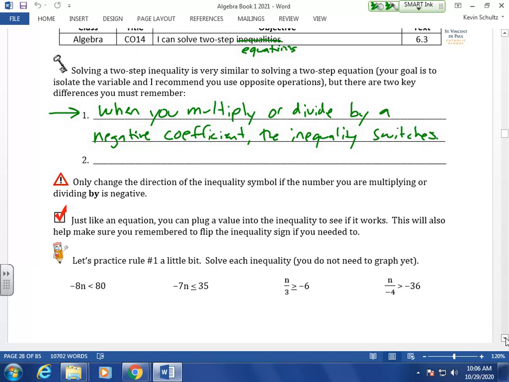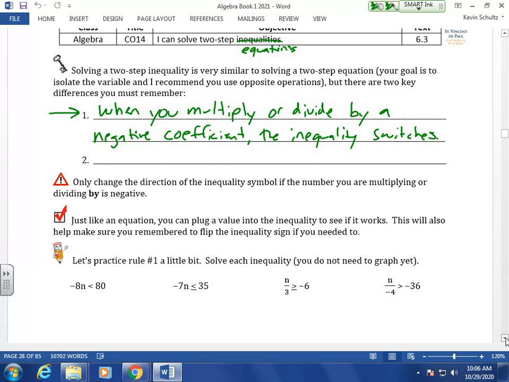And we'll talk about why that is in just a bit, but that's number one thing that you need to remember when solving an inequality instead of an equation. That when you multiply or divide by a negative coefficient, the inequality switches.